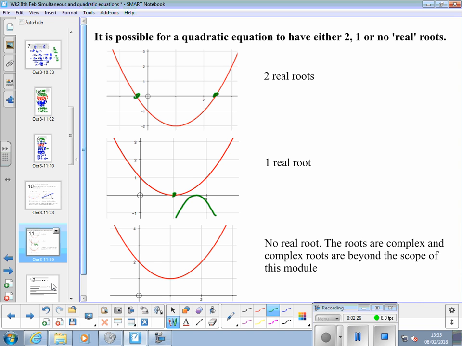And we can also have parabolas where there are no real roots, because the curve does not cross or touch the x-axis. That equation does have roots, but they are complex, and complex roots are beyond the scope of this module. So we won't be dealing with any situations where roots are complex.